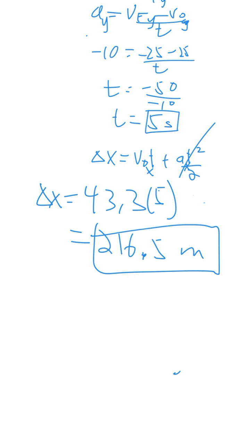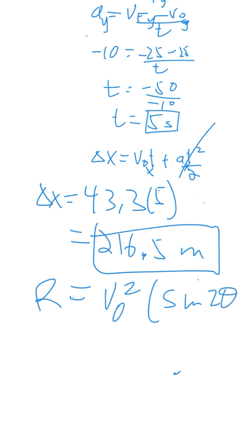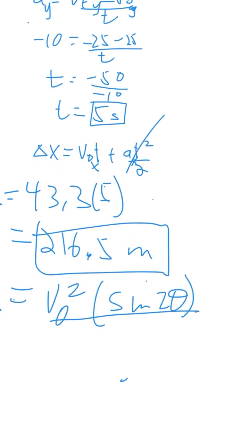Now, in the special case of the object landing at the same exact place that it was launched, landing at the same level that it was launched, you can use this equation right here. Range is equal to VO squared times sine of 2 theta over g.